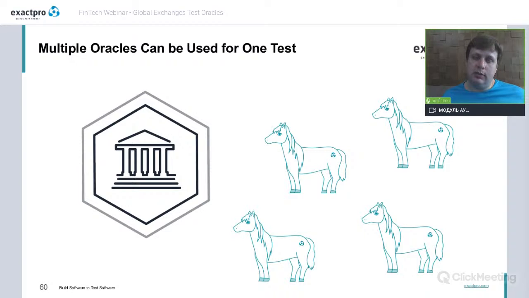Multiple oracles can be used for one test. We might want to have lower complexity in test oracles than in a system under test, but have a wider variety of them. So to have lots of small ponies, and each one of them will be a partial oracle. So no pony will ever become a unicorn.